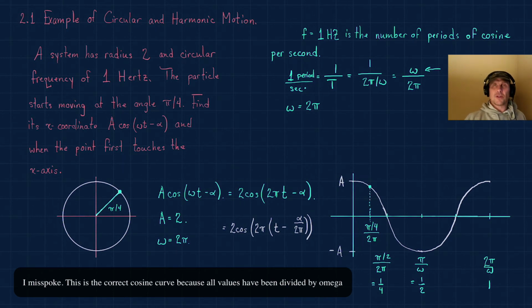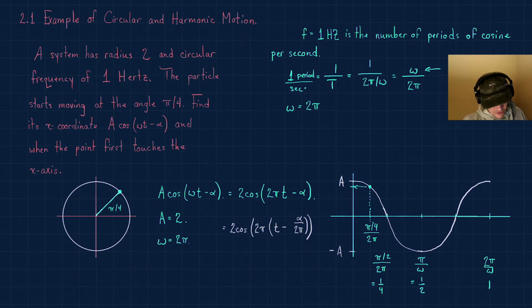But where does this journey begin? It doesn't begin at 1/8 or pi over 4 over 2 pi. No, it begins at 0. That's when the whole system starts. So what do I need to do? I need to shift my cosine curve to the left. So to make it to the left, this needs to be a minus alpha over 2 pi.